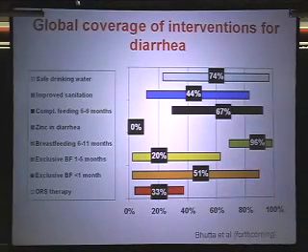But it's been 10 years since the evidence base on the importance of zinc in the treatment of diarrhea has been out. And at least 4 years since the WHO UNICEF recommendation for improved diarrhea management with zinc and low osmolality ORS. And on this slide, you see the global coverage of that intervention in 2007.